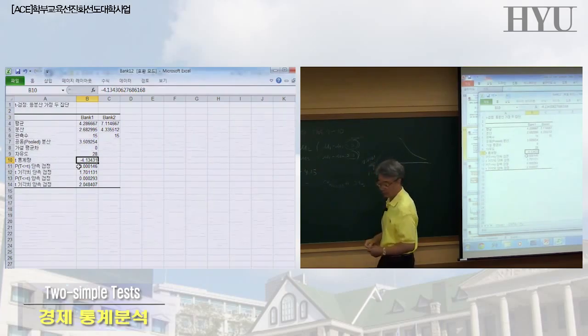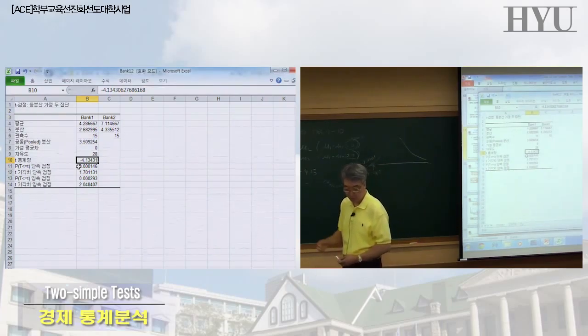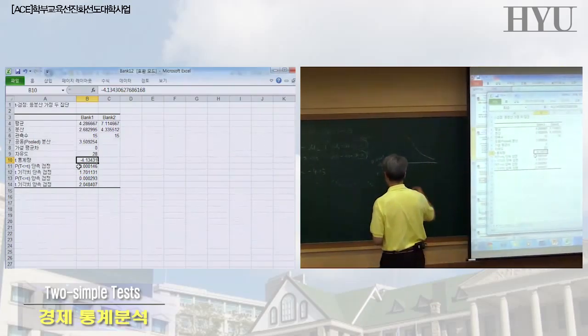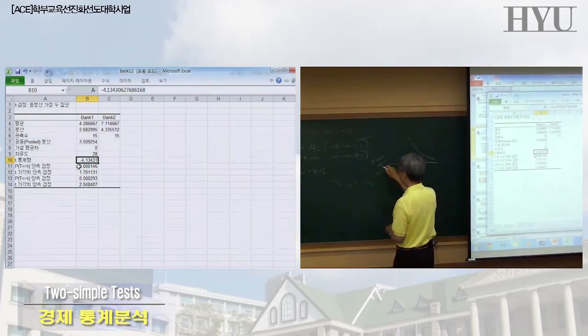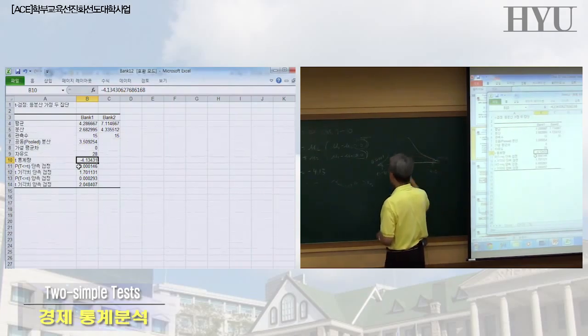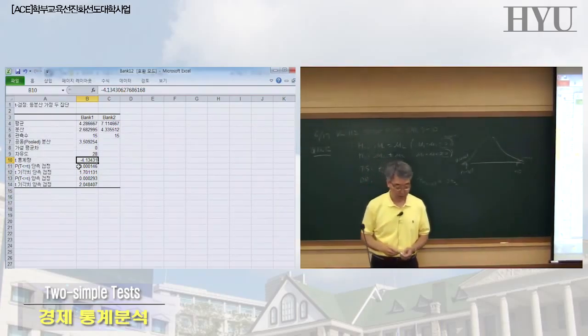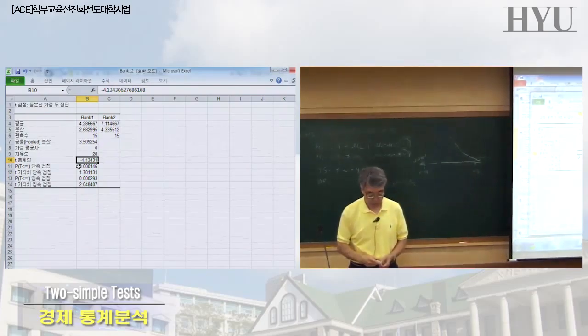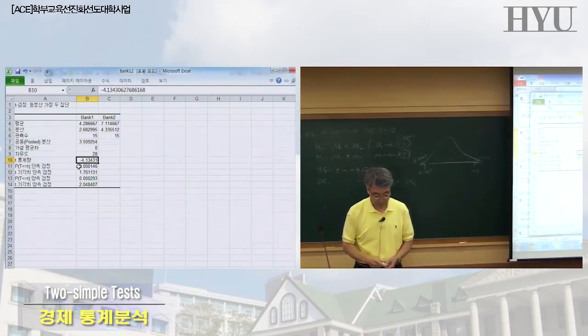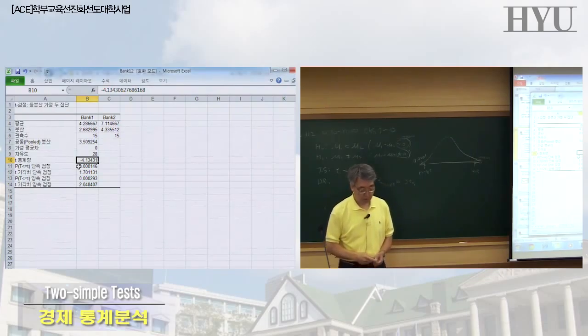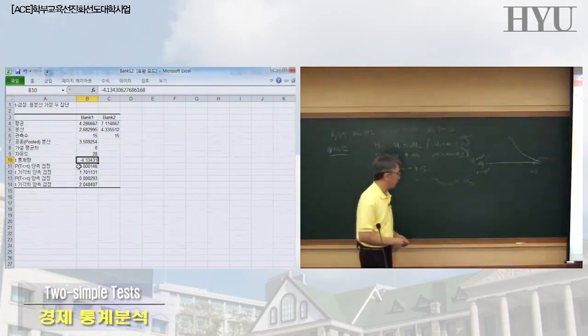And if you're running a two-tailed test, you add this area to the other area beyond 4.13, which is going to be another 0.0001. So the p-value will be twice as large, 0.00029 something.